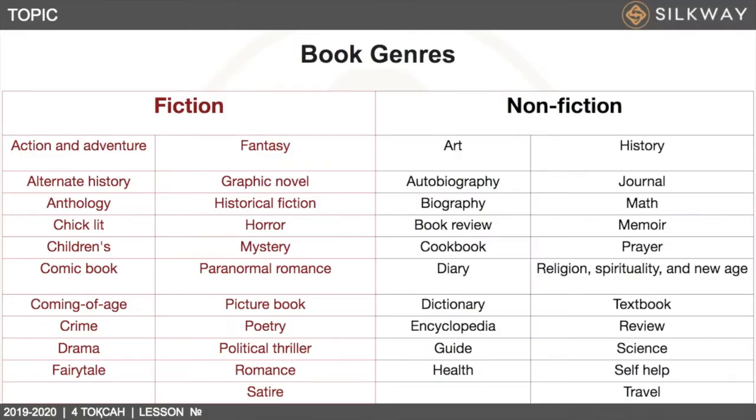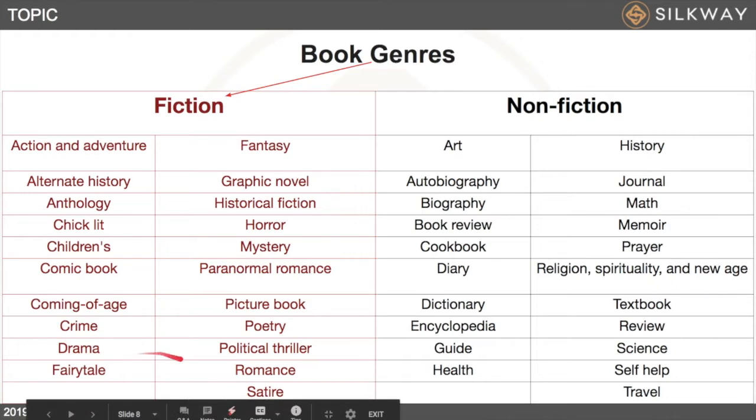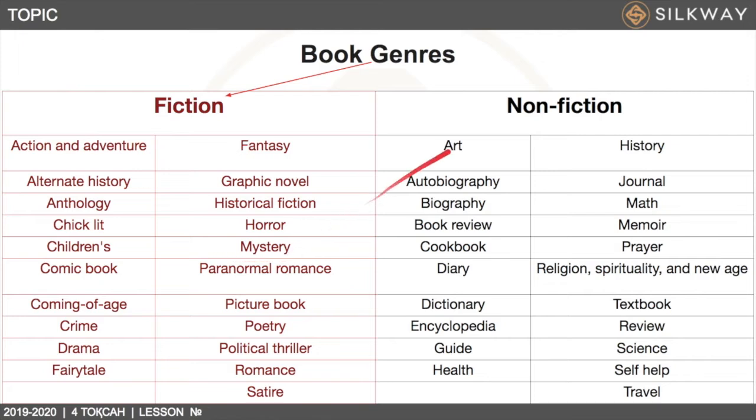Now here are some book genres. Fiction can be graphic novel, fantasy, children's or comic book, crime, drama, fairy tales, poetry, romance, etc. And non-fiction is the one which is about history.